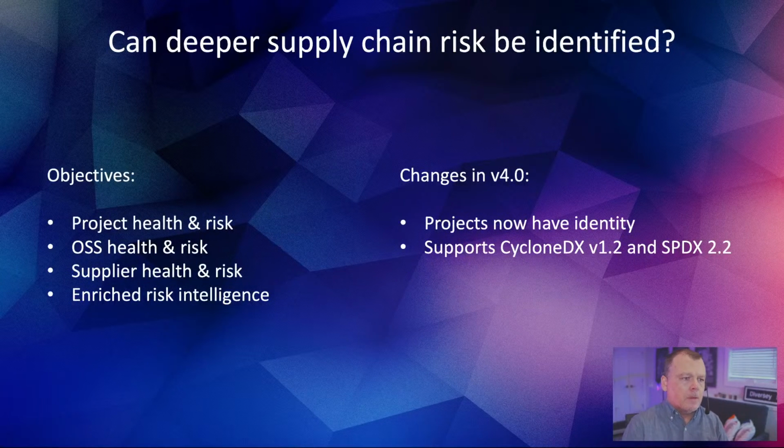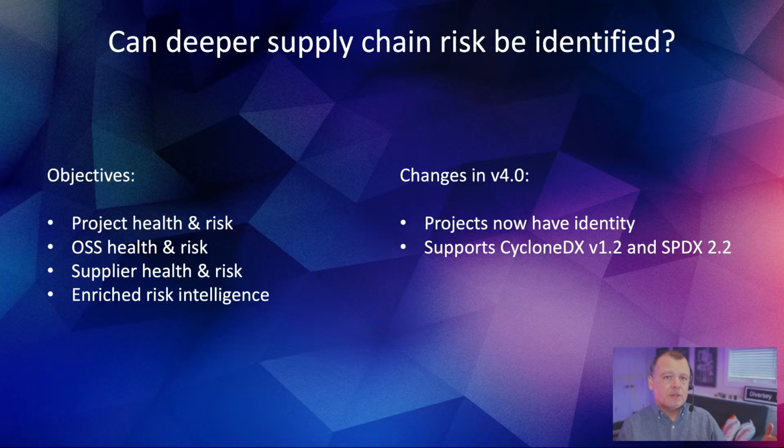The second question: can deeper supply chain risk be identified? Some of the objectives I would like to meet in the 4.x series are really about project health and risk. This is the projects as defined in Dependency-Track. What is the risk of those and what is the health of those?